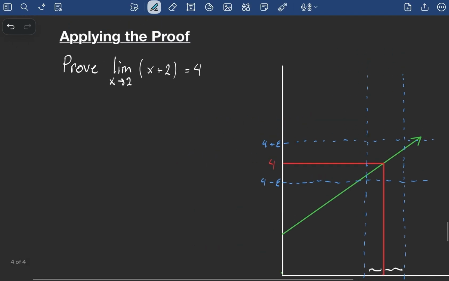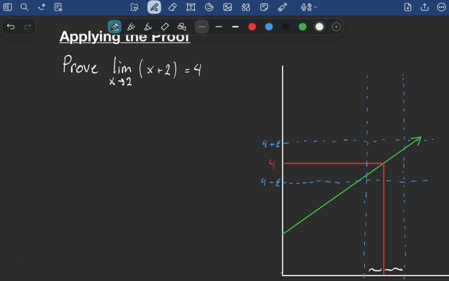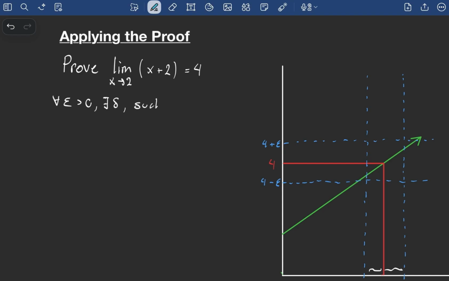So let's write down the formal definition of our proof. We needed to prove that for all epsilon greater than 0, there exists a delta such that if the absolute value of x minus A was less than delta, then the absolute value of f of x minus L was less than epsilon.